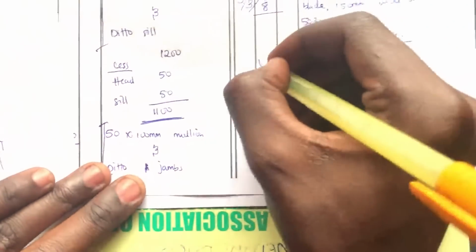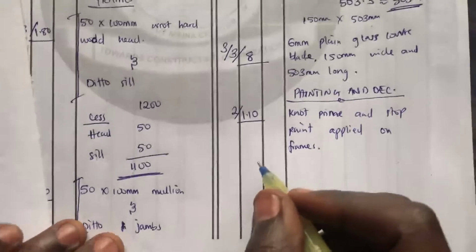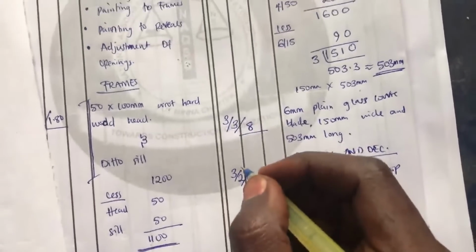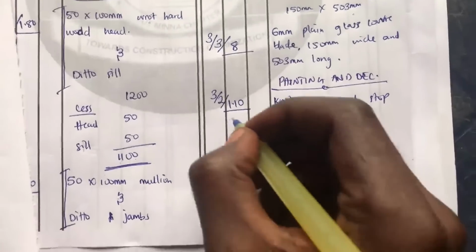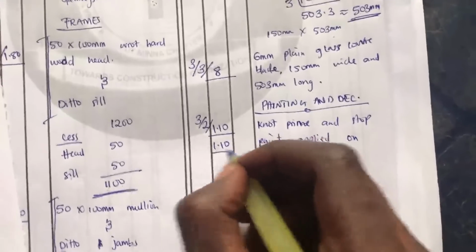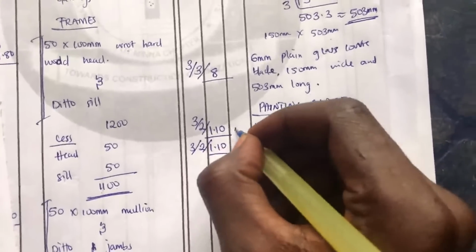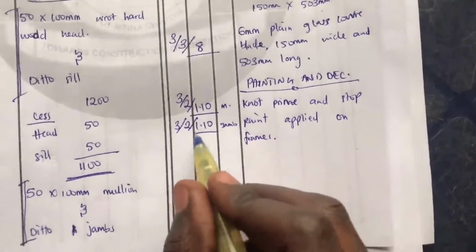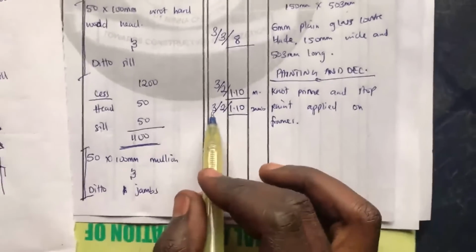So I will be booking it as 1.10 multiplied by 2, that is for the mullion, and then I have to multiply this by 3 for 3 windows. Then I can still book it as 1.10 multiplied by 2 for the jamb, multiplied by 3. Remember, this is the mullion and this is your jamb. So I have booked for mullion and jamb, 2 mullion, 3 windows.